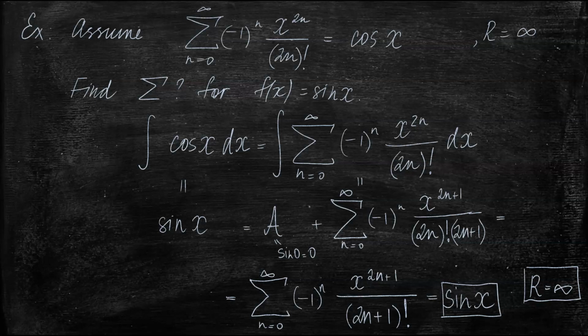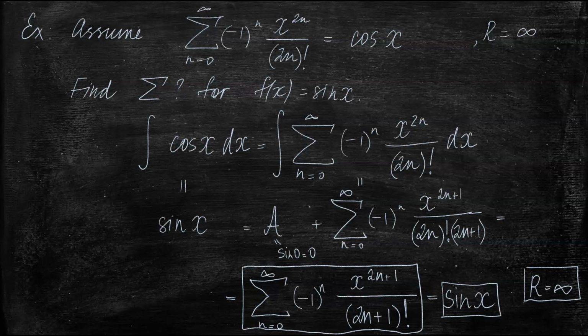So we again confirmed that if what we assumed to be true at the top was indeed true, then the power series of sine should be this. And if we had any doubts before, now we shouldn't have any doubts.